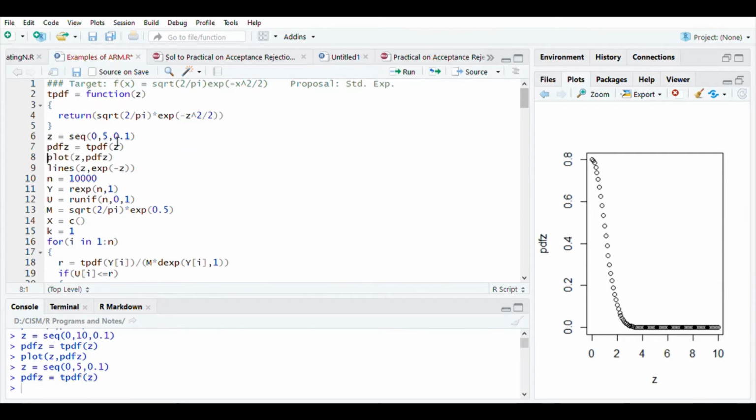Okay. So now because we are using standard exponential distribution as the proposal distribution, to have an idea about the kind of distribution it is and how close these distributions are, let us plot them together. So here I am plotting the target distribution, and I am superimposing the density function of the proposal distribution here.